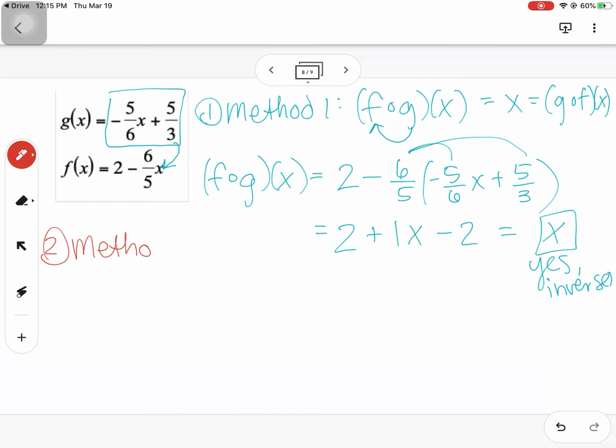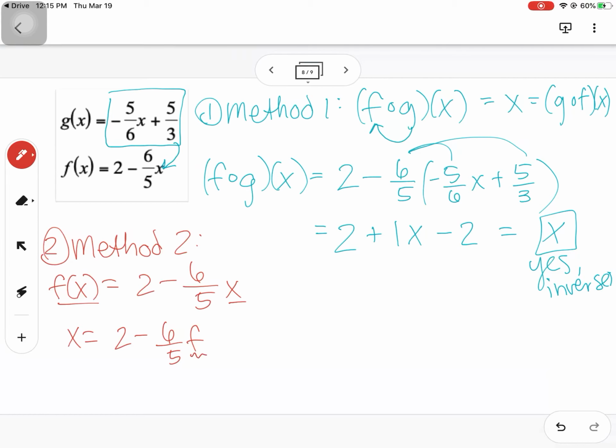What method 2 was, was to flip your variables in one of the equations and solve and see what you get for your other one. So say I wanted to take equation f, it wouldn't matter. I could take it and switch my f and my x value. This is the way that most people opted to do it back in the chapter. And now I want to solve for f.